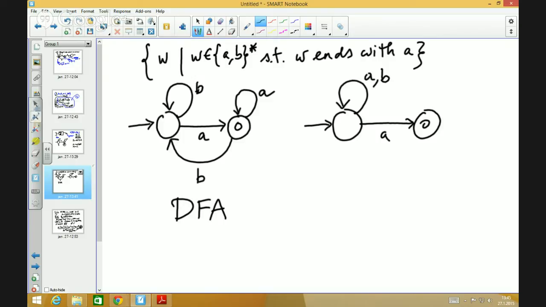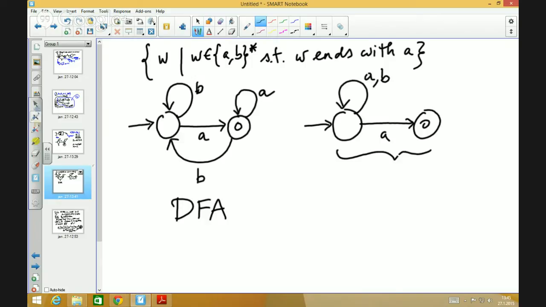The question is, how can you know that the A is the last symbol? Well, that's where you use the power of magic. Okay, so you ask your oracle. You say, Oracle, is my next symbol the last one? If the answer is yes, it's an A, you go to the final state. So why does this machine actually accept the language that we want?